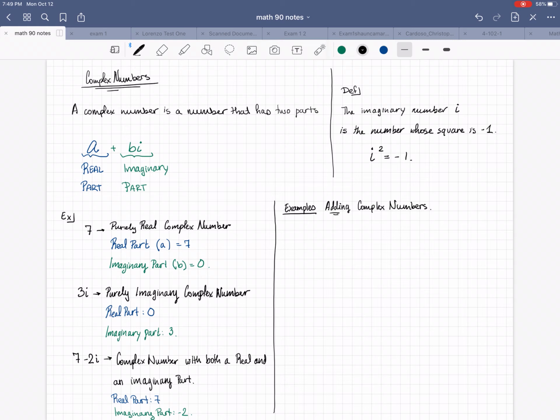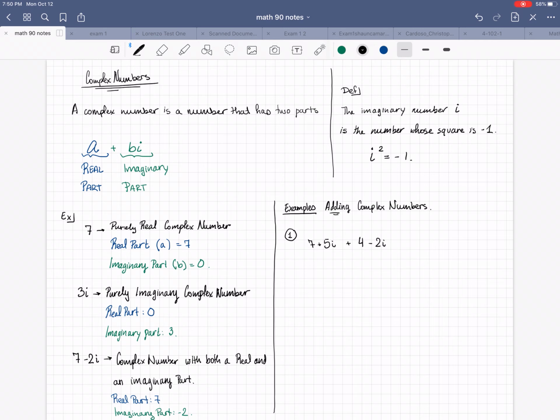So in this example, we'll look at some adding and some subtracting of complex numbers. So let's say that I have the number 7 plus 5i. That'll be my first complex number, and I'm adding 4 minus 2i.